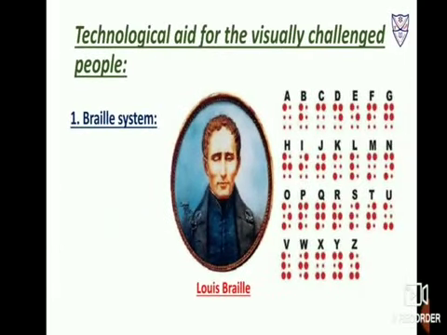Now students, let us discuss technological aid. Aid means help for visually challenged people. The first one is the Braille system. Braille is a system of representing characters, here A to Z, by raised dots, and combinations of raised dots in a 6-dot cell make up different characters.